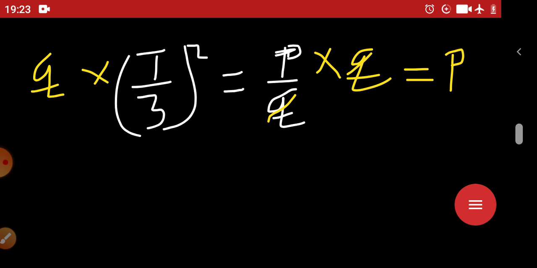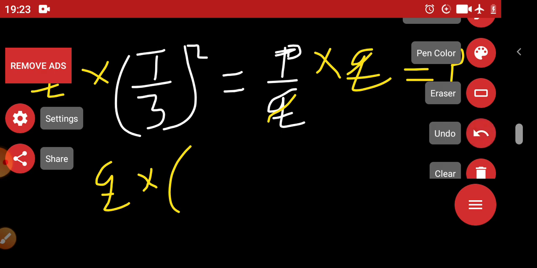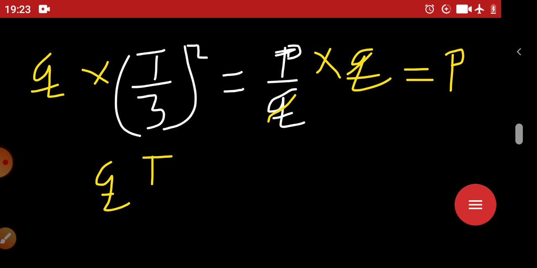So the final answer will be q times, maybe let's simplify the t over 3 squared, which is t squared, so t to the power 2 is t squared, and then 3 to the power 2 is 9. So this is what we have, equal to p. So this is what we have, and then we have made p the subject of the formula.